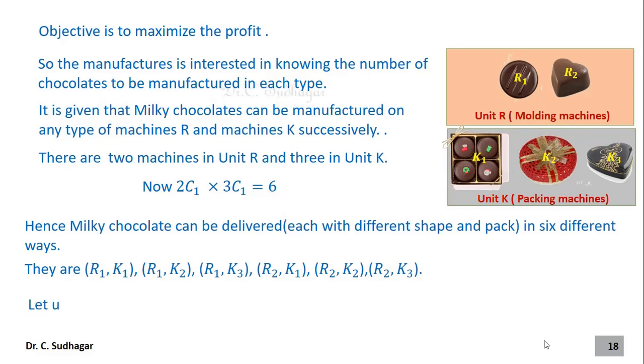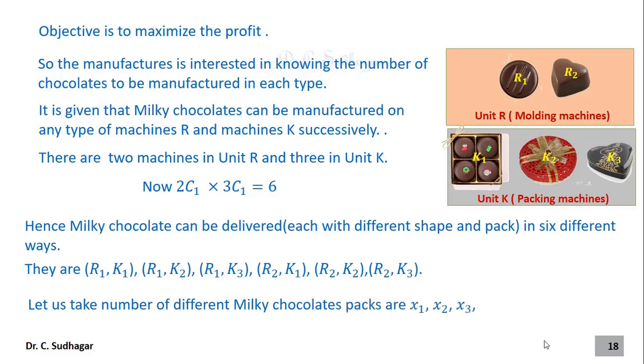Okay. So let us now take the numbers of chocolates of these types as x1, x2, x3, x4, x5 and x6. What is the meaning of x1? X1 means they have the mold like this and it's packed like this. What is the meaning of x2?